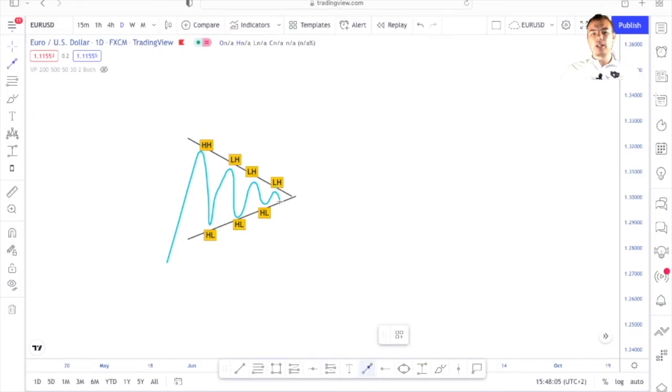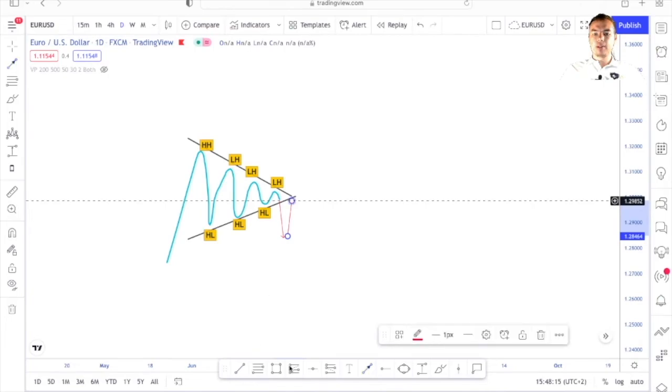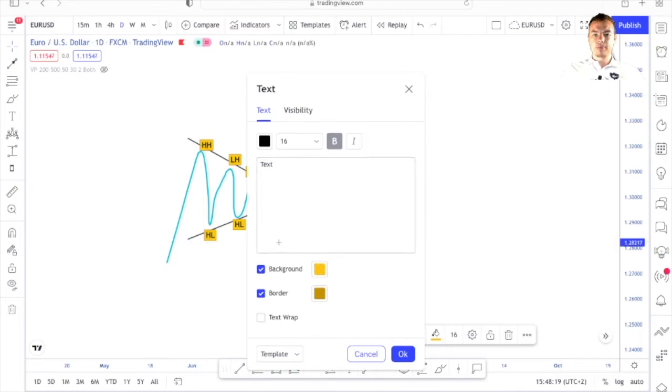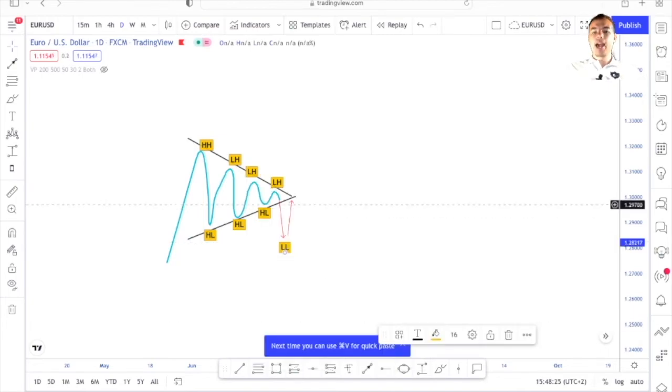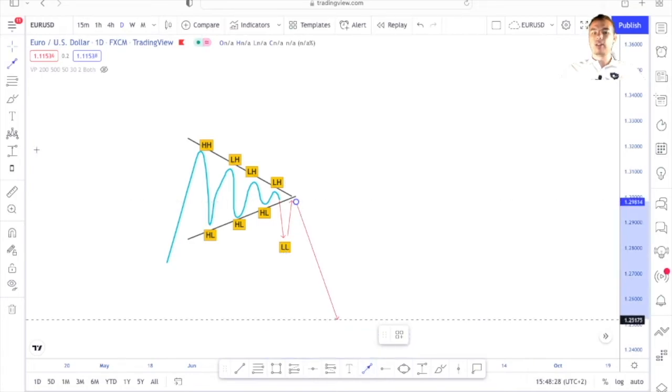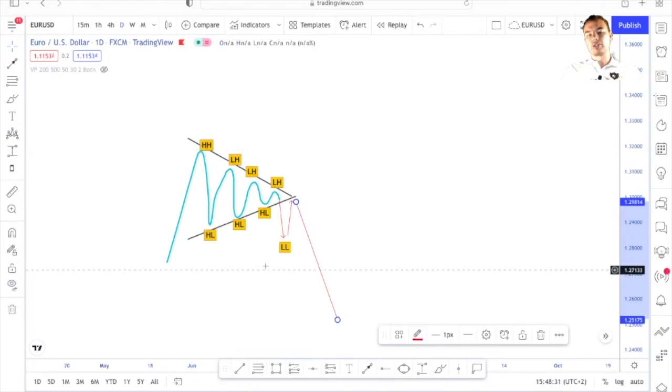Price will either break below, make a lower low, retest up, so it would make a lower low, lower low. And then that's when you would look to sell after this retest, because now it's in a downtrend.